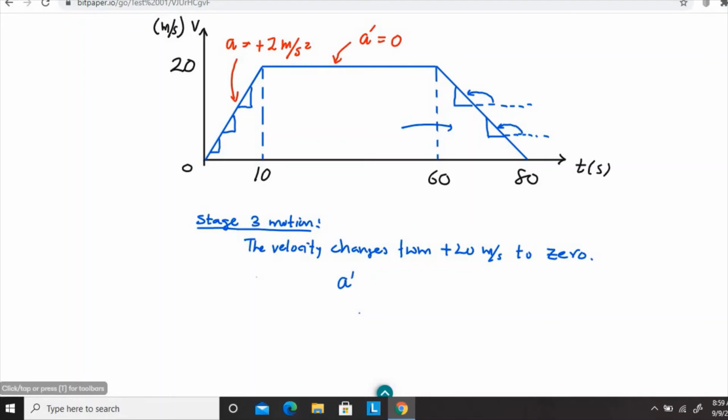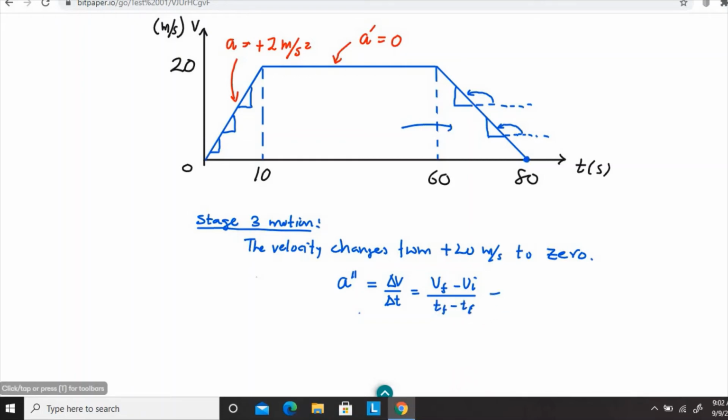Let me call that a double prime, because it has to be different from the acceleration in the first part, the acceleration in the second part. This is again a change in velocity divided by a change in time: the final instantaneous velocity minus the initial instantaneous velocity, divided by t final minus t initial.